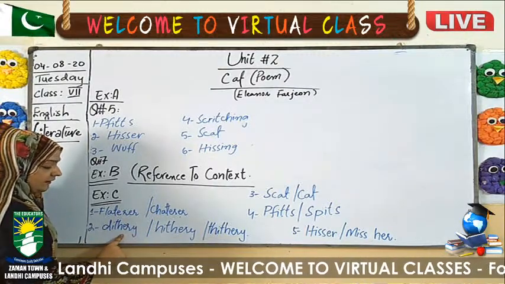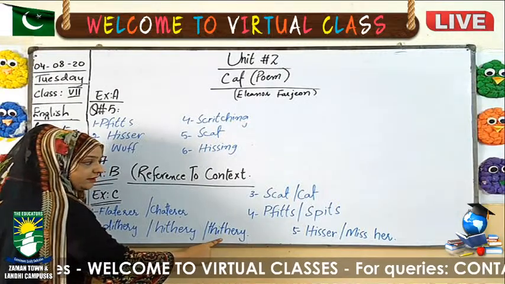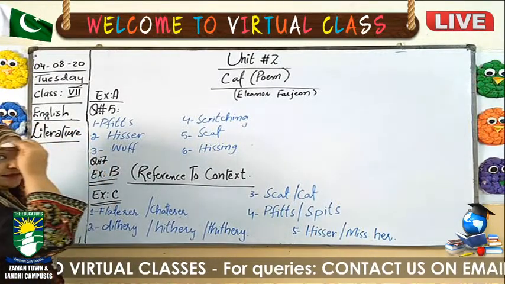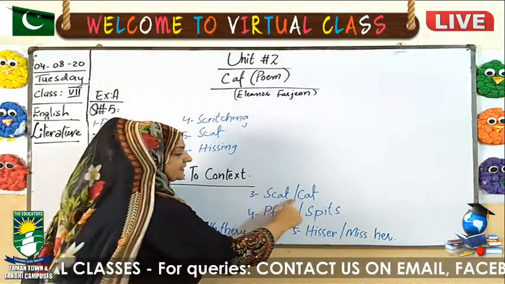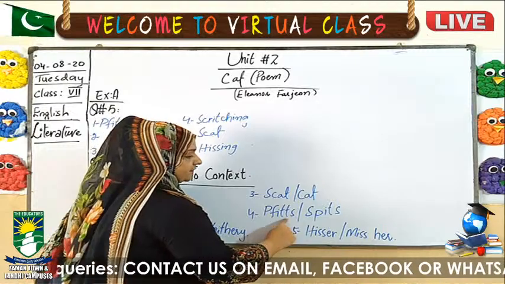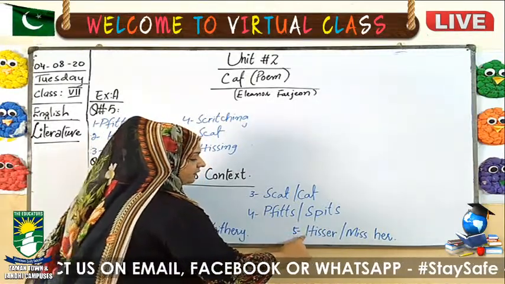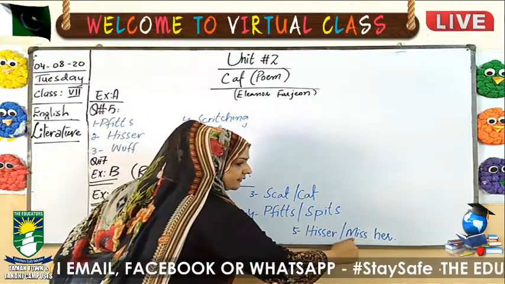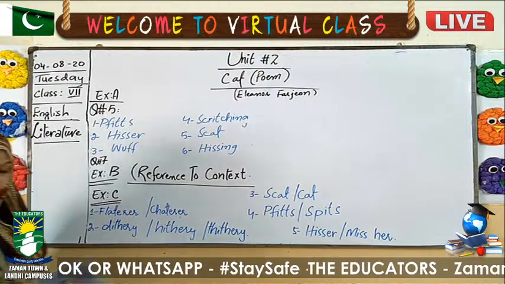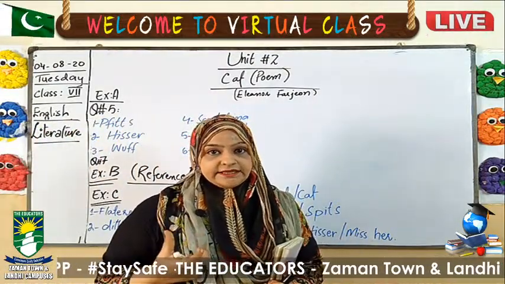Then number 2 is dithering, hithering, tithering. All have the same sound. Then third is what? Scat, cat. Fourth is what? Fits, spits. Fifth one we have hisser, misser. It is the list. You have to write it as the answer of exercise C, part 1.